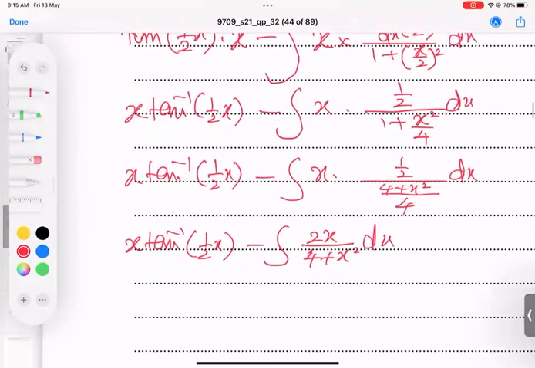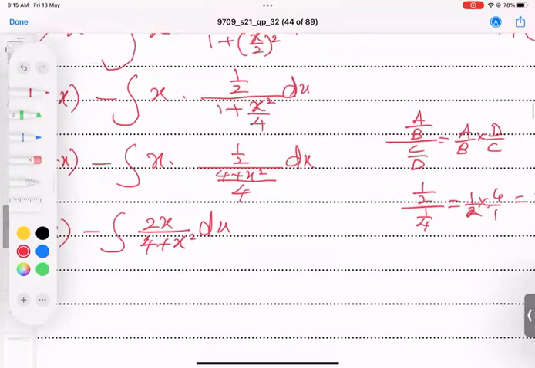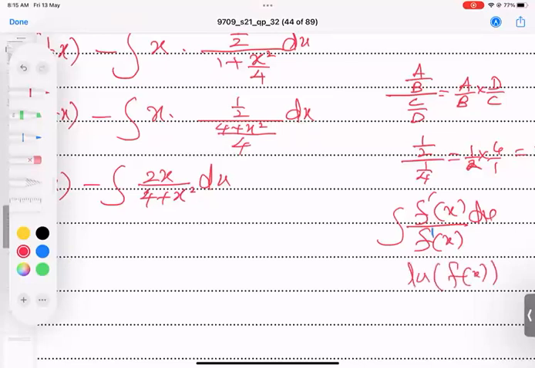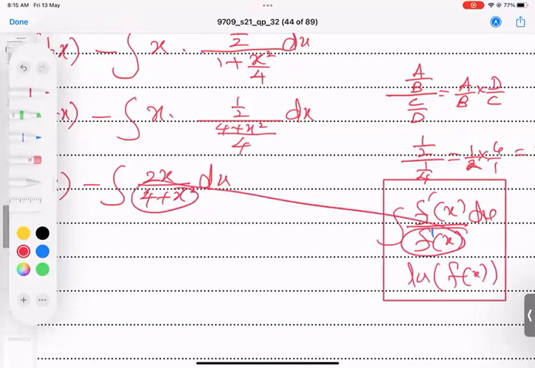And now what is the next plan? You know it very well. We have a special formula available. And what is the formula? If the function is in the denominator, its derivative is in the numerator, and the power of the function is 1, then what is the answer? Logarithm of the function in the denominator. So this formula is very important. I'm going to use the same here. The function in the denominator, correct. Its derivative is what?